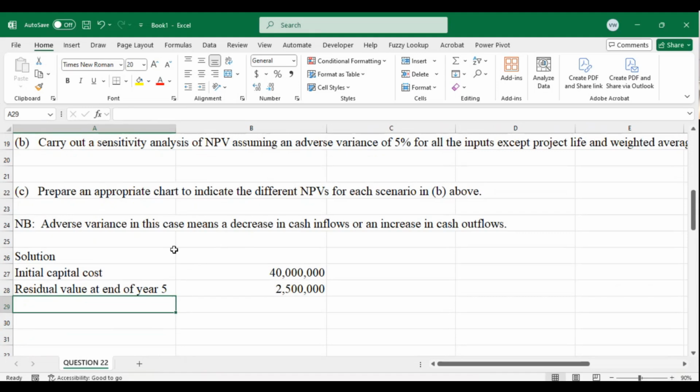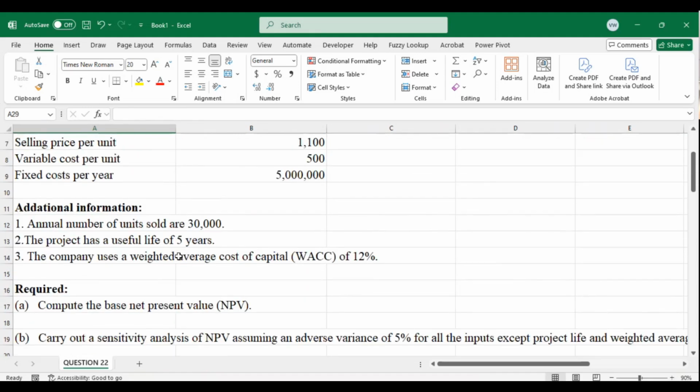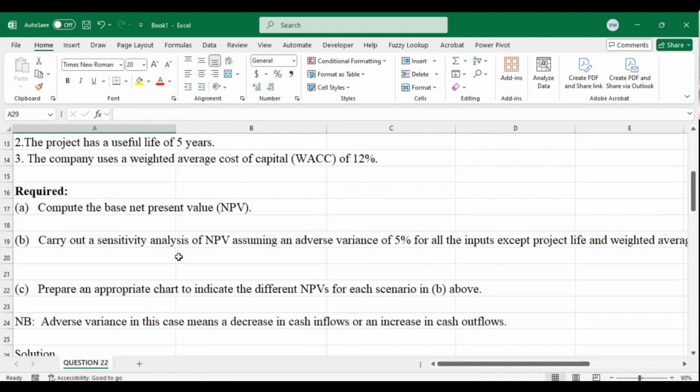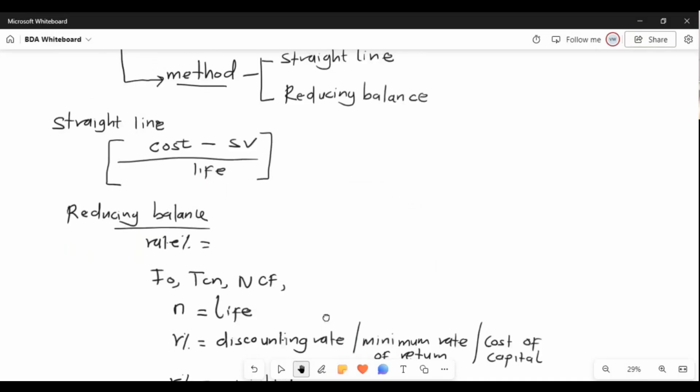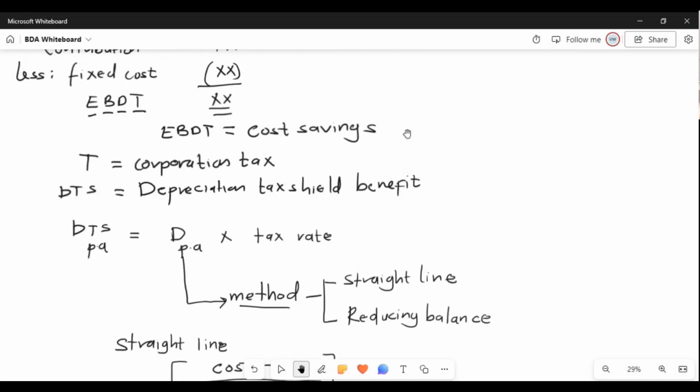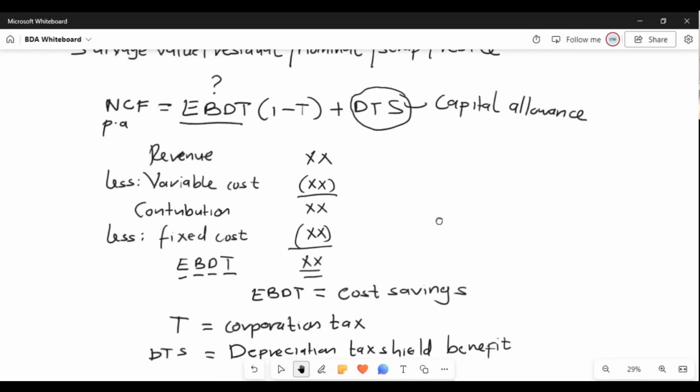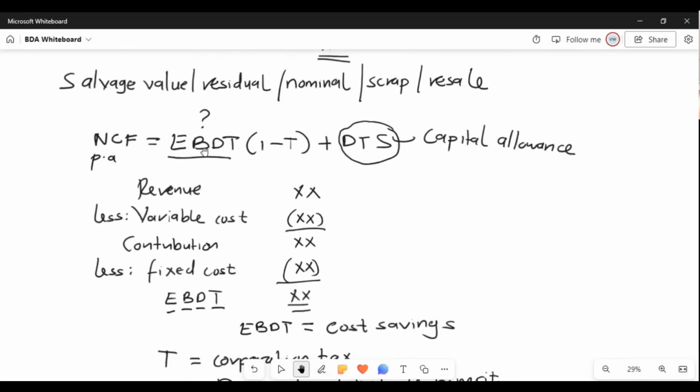Then the next item that we need is our net cash flow. And if you look at our computation from our whiteboard, we say that the net cash flow is given by the earnings before depreciation and tax, times 1 minus tax, plus the depreciation tax shield.